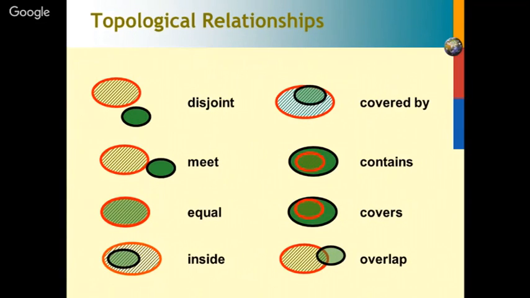Based on that relationship, we can define different operations between the features, especially in the spatial domain. Like if you have a condition that one feature is not related to the other feature.